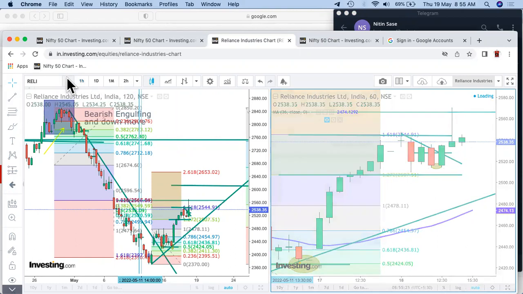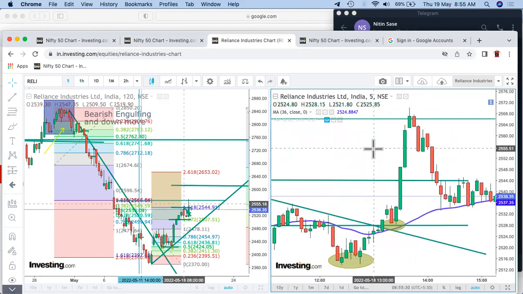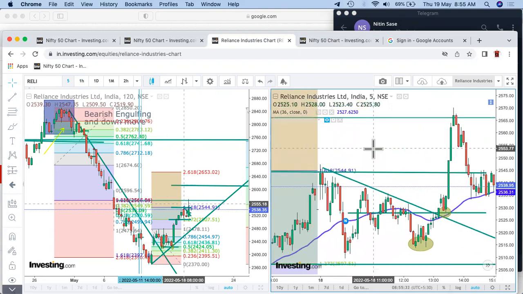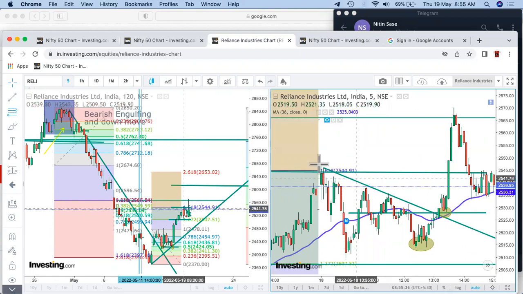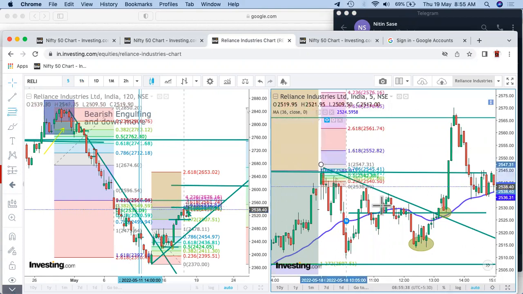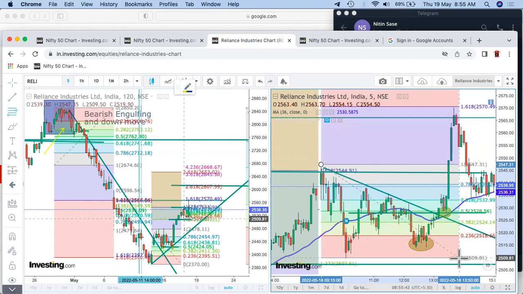Let's go on probably the 5 minutes chart. So if I go on this smaller time frame, this was the opening and this was the low.